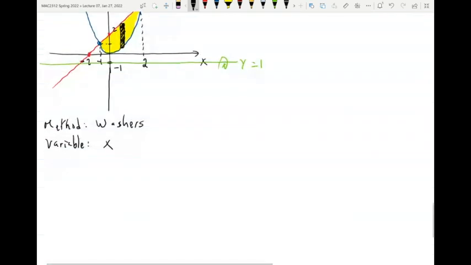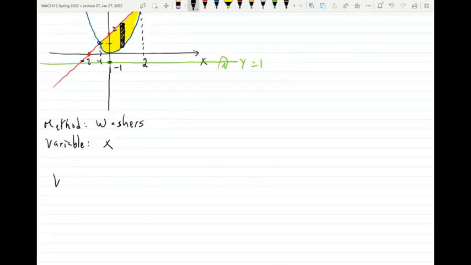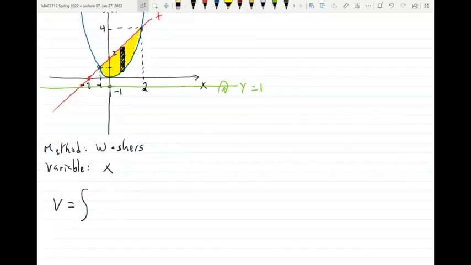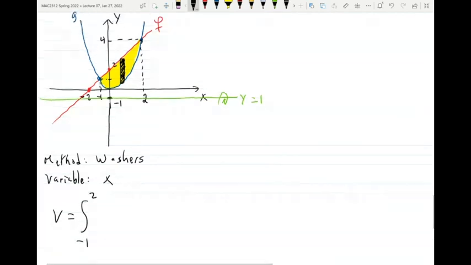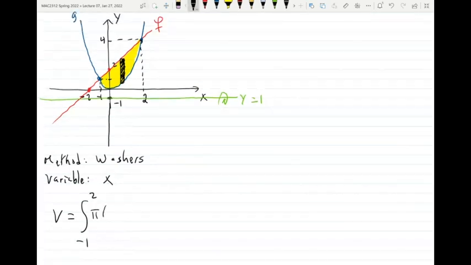All right. So with this information, we can immediately write the formula. From where to where is the volume? From -1 to 2. Good. And then that would be pi times, open parentheses, r out squared of x minus r in squared of x.